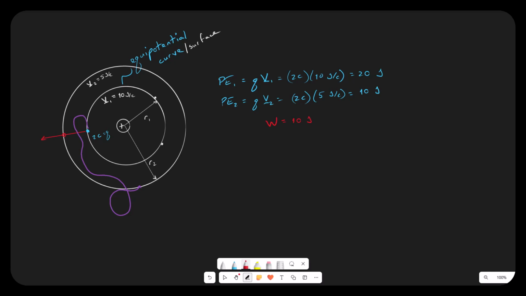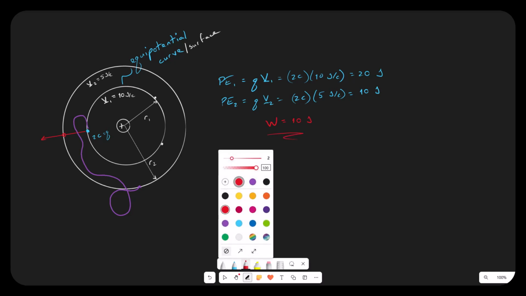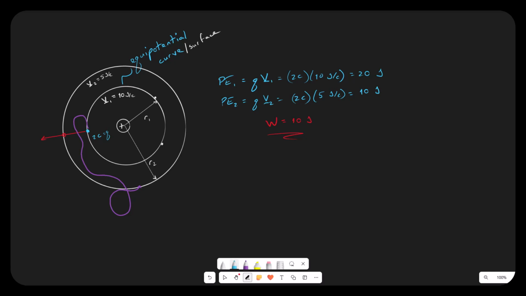I have lost 10 joules of potential energy, so this thing has done 10 joules of work. Along the purple path, the field has also done 10 joules of work because it starts at the same potential energy as the red. It ends at the same potential energy as the red. So the difference is the same, and I get a net work still of 10 joules.